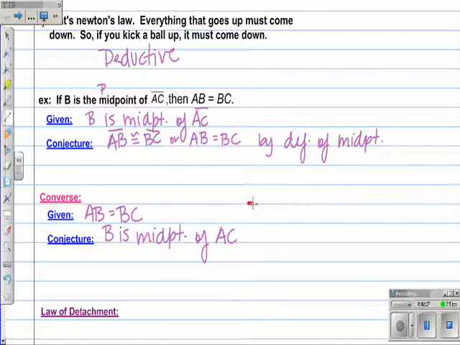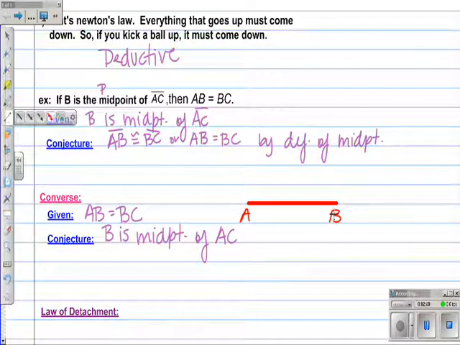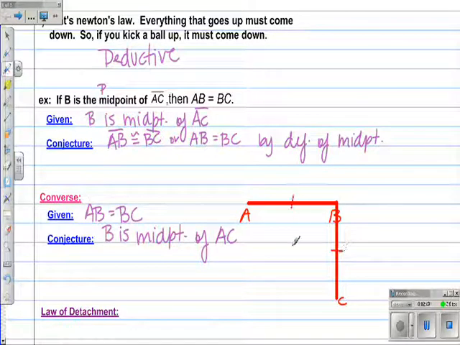So if you were to say, oh, here is AB, and it's congruent to this line segment BC, we could say, oh yeah, that's congruent to that, but you can see that B could not be a midpoint because of this curve here.